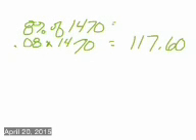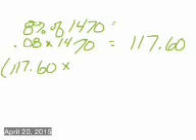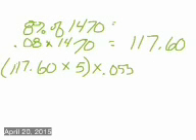Now to figure out the tax, we take that $117.60 multiplied by 5 months, because you're 5 months on the job, and multiplied by 0.055. Why 0.055? Because it was 5.5%. So what do I get there?